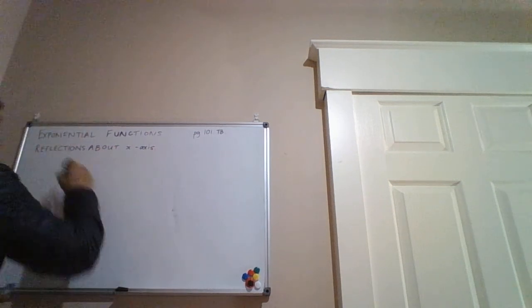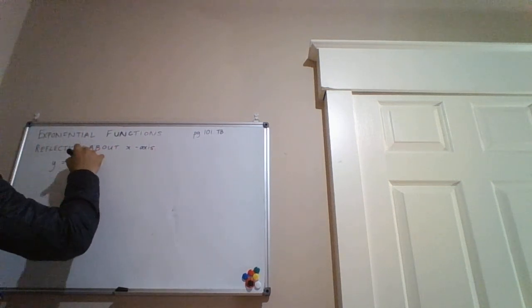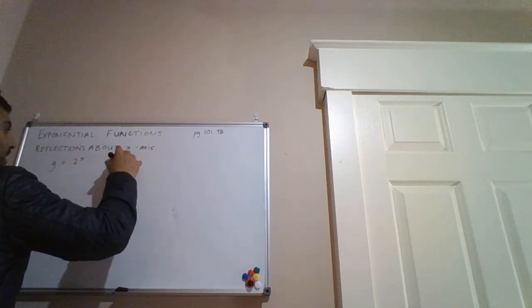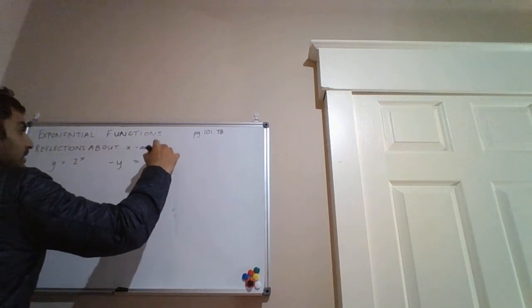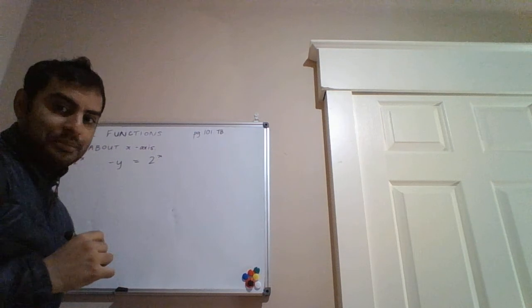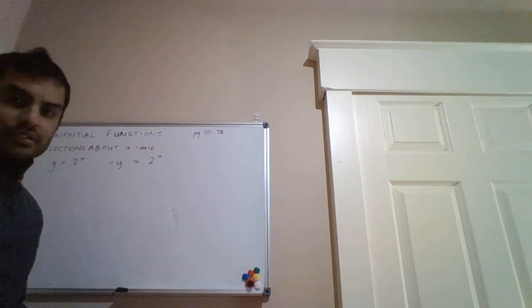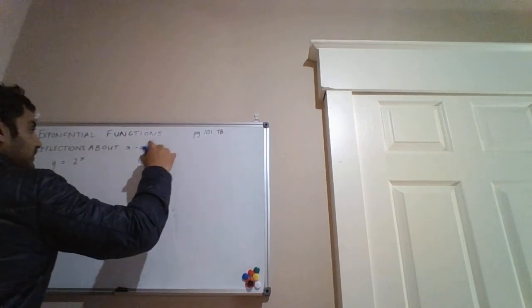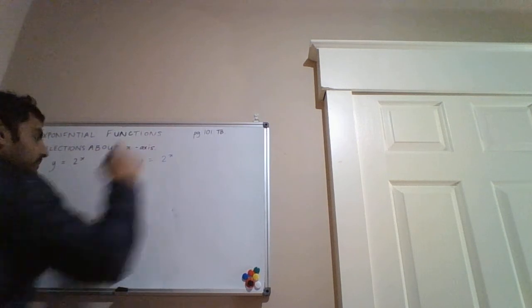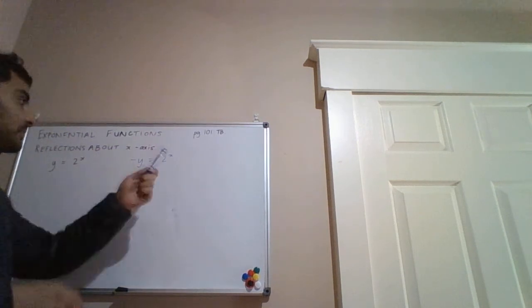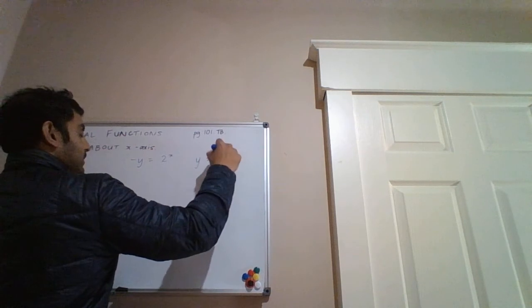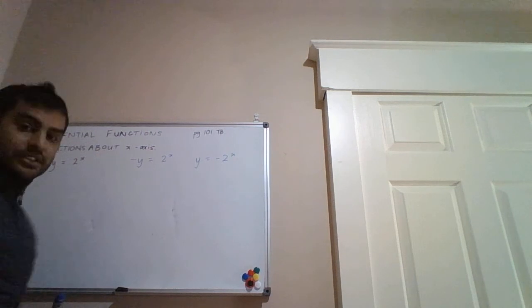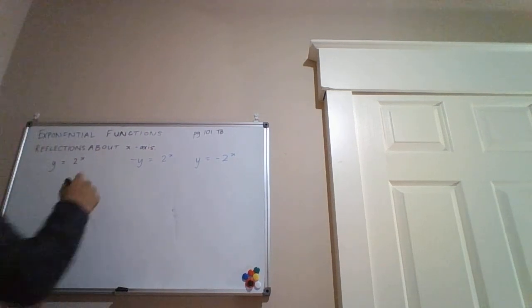So in terms of our original equation, y equals 2 to the power of x, the reflection about the x-axis is where we make y negative, and we keep x the same. Let me just write this in blue. Okay, if we bring the minus over, we would get y equals minus 2 to the x. Let's plot some points and see how this graph looks.